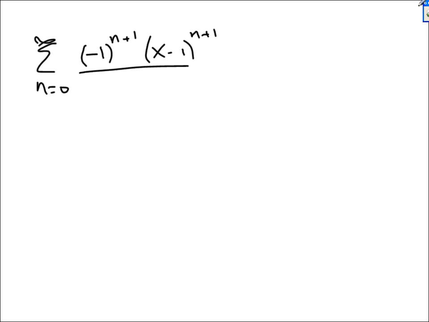Suppose you have the summation from 0 to infinity of -1 to the n plus 1 times, say, -1 to the n plus 1, and this is all being divided by what else but n plus 1.